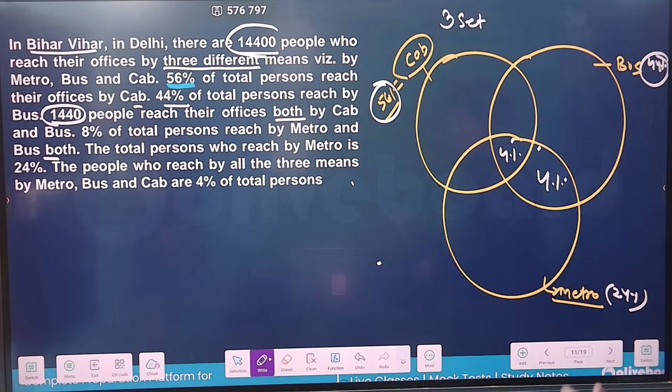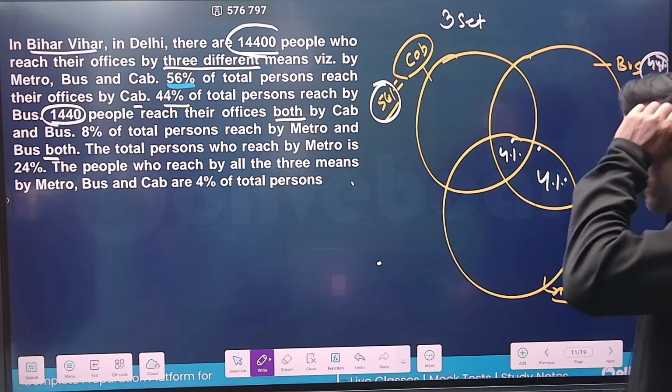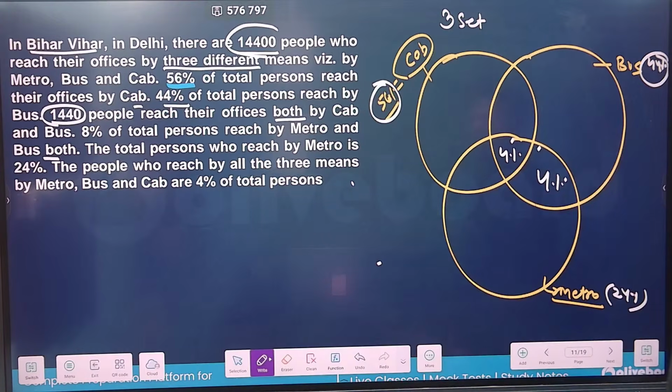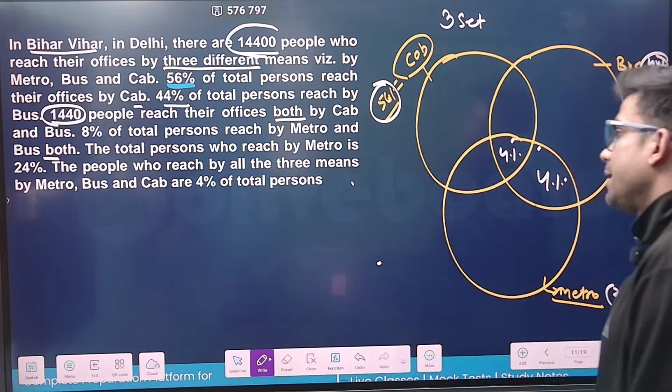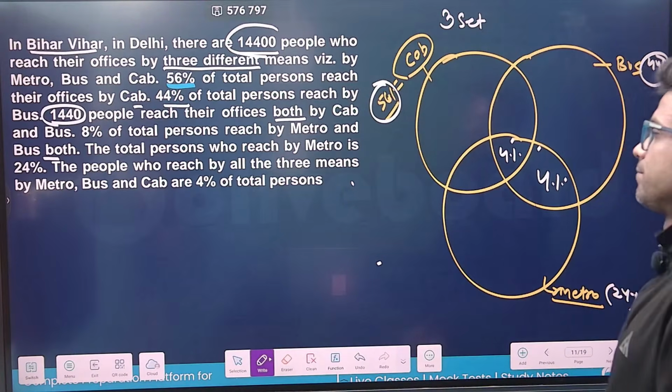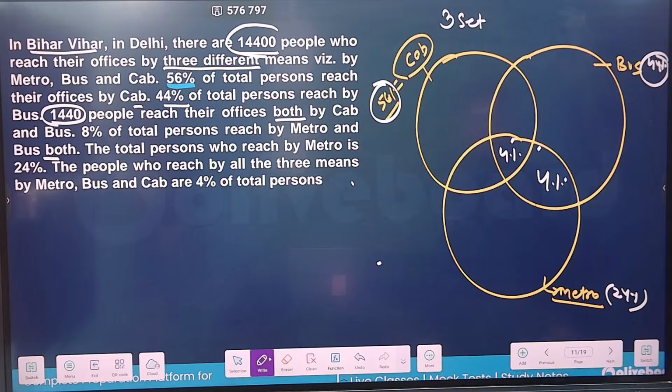Come on, I'm giving you enough time. What should be the reaction part? Because we have done this till now. The total persons who reach 8. Come on, how will you react now? Say fast, everyone.